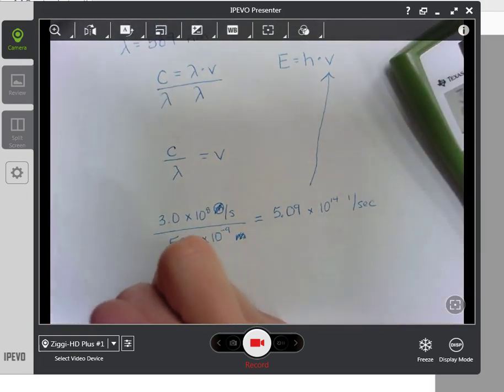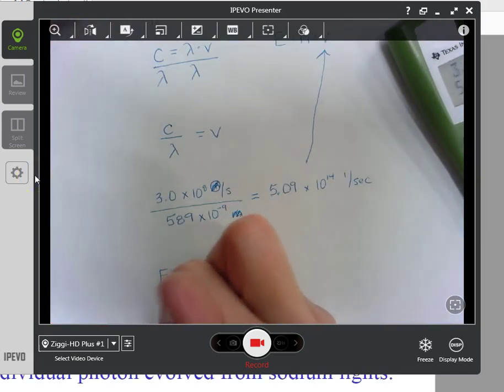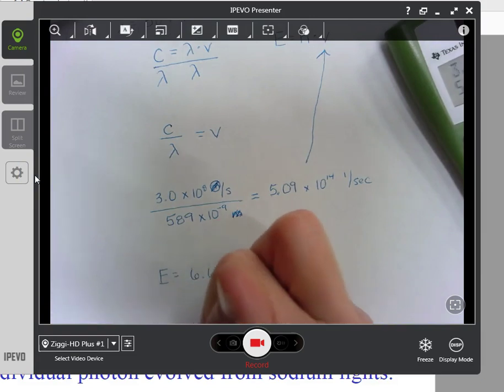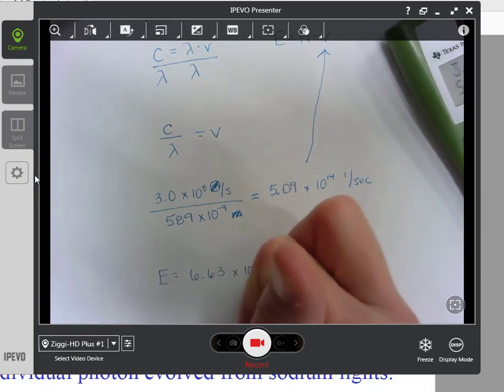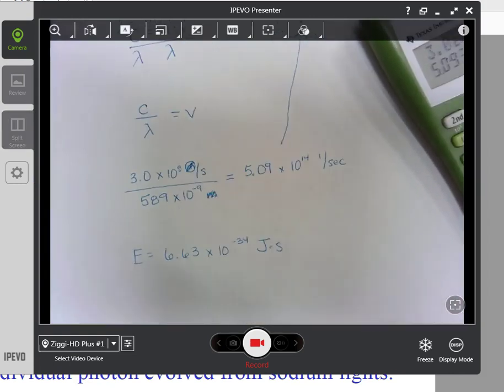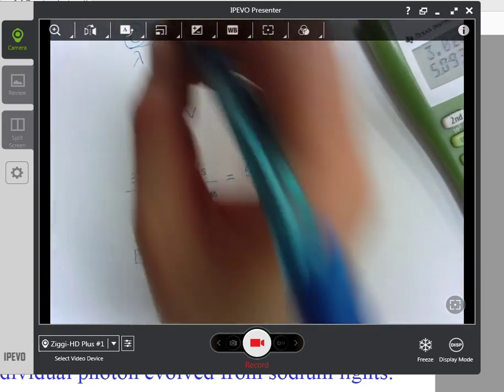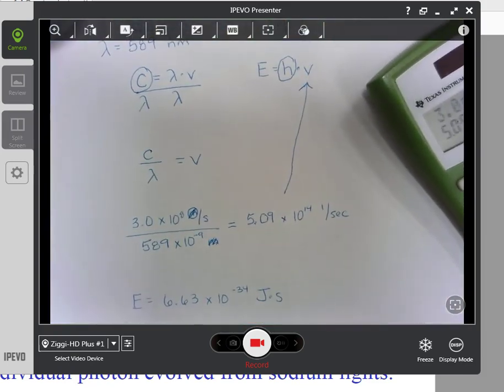So energy equals Planck's constant, which is 6.63 times 10 to the negative 34 joules times seconds. You do not have to memorize these constants. So the value for h and the value for c, you can always look up those numbers.